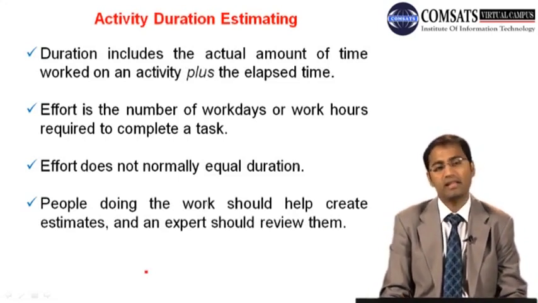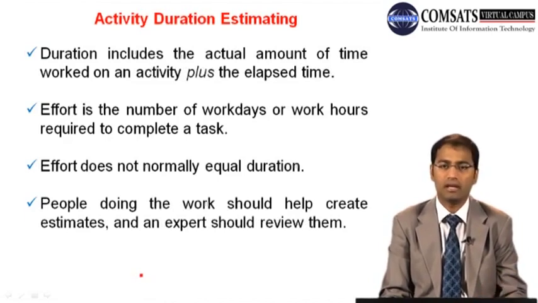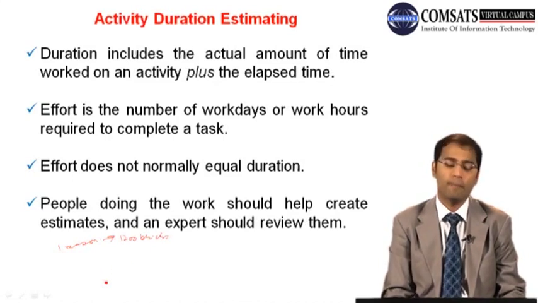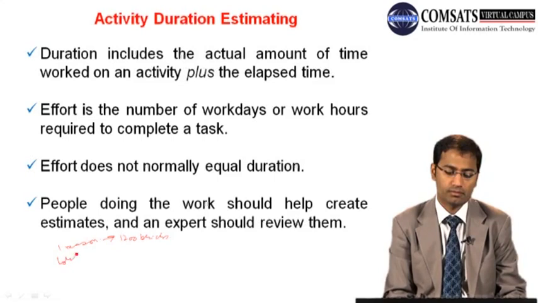Okay, so there is an activity of laying of these bricks, and we are having one mason, and one mason does lay 1200 bricks. Okay, and there are a total of 3600 bricks.